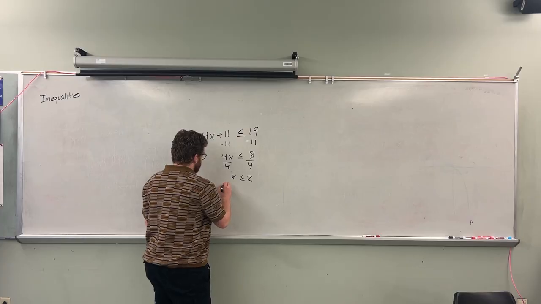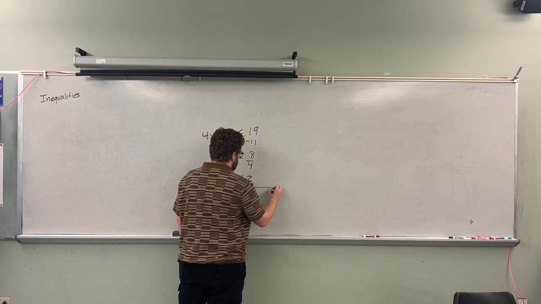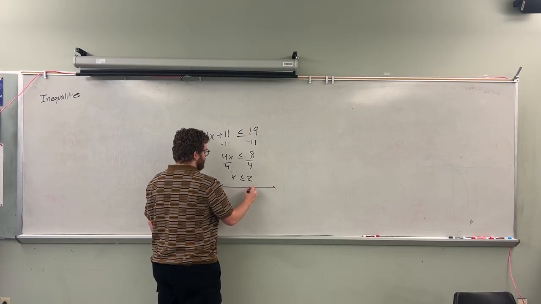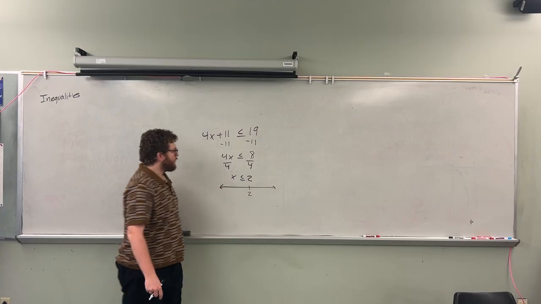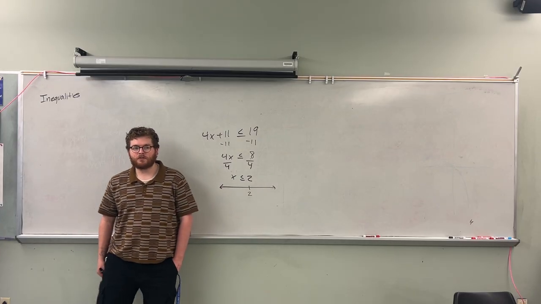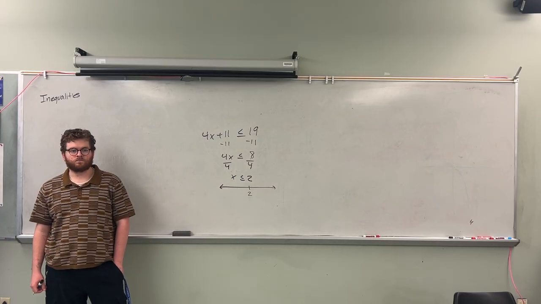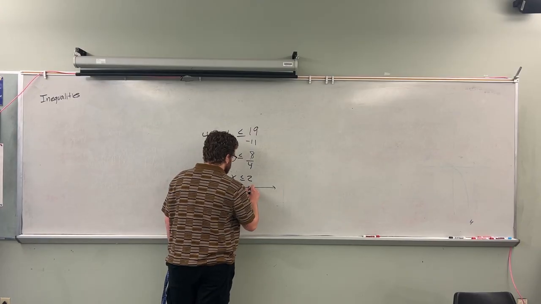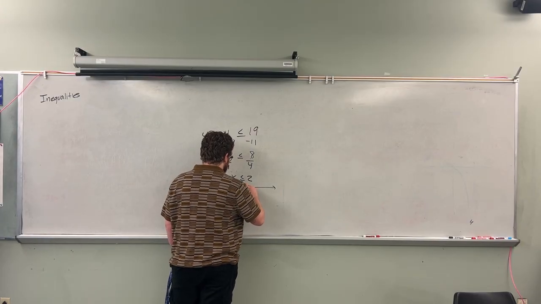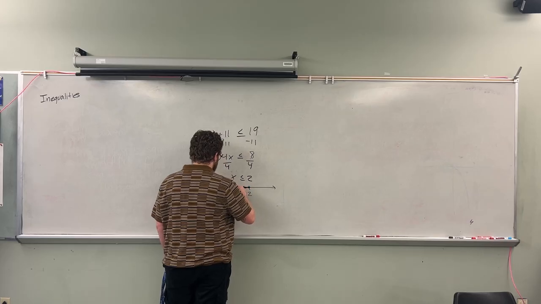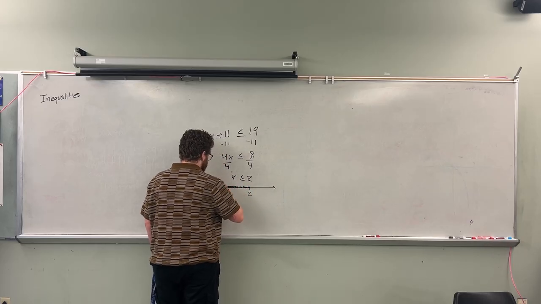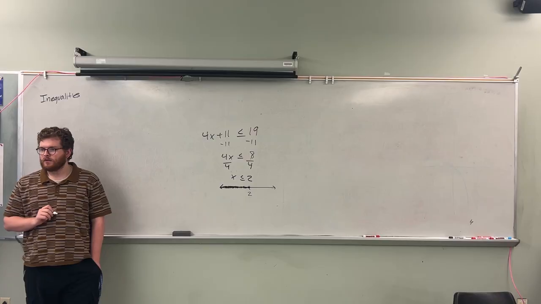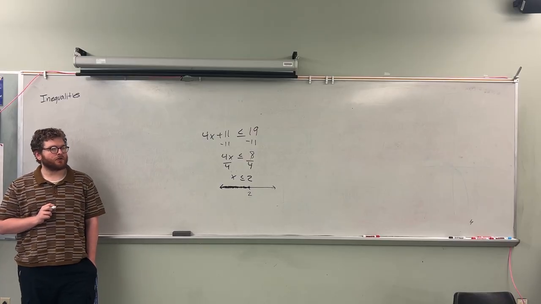So on the number line here, this point I'm worried about is 2. Less than or equal to, is that going to be an open or closed circle? Closed. Closed, because I've got that equal to there. And less than just means I'm going down this way, going to the negative number, something small. So that's your number line drawing of it.